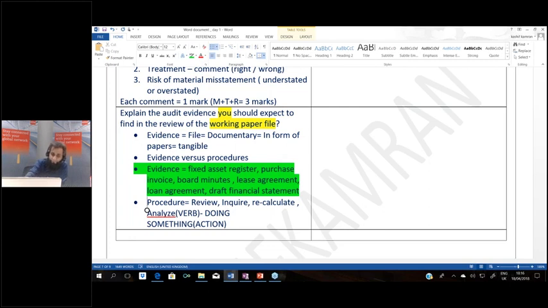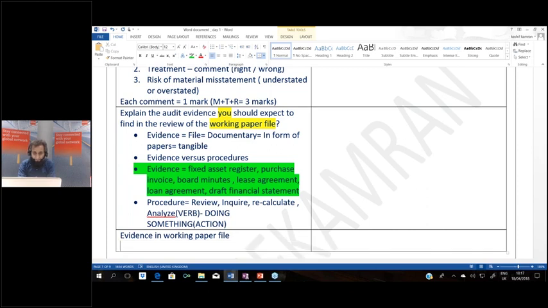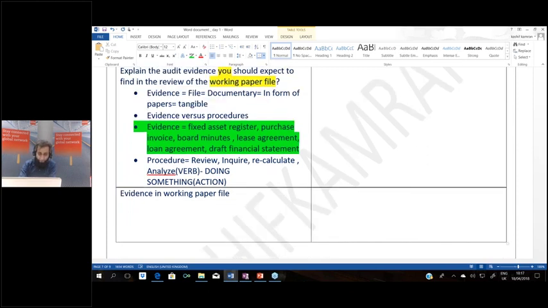The last thing. Now, when I talk about the evidence in the working paper file, the evidence in the working paper file can come from two sources, right? One source of evidence could be management. Obviously, when I go for an audit, most of the time the evidence comes from the management.